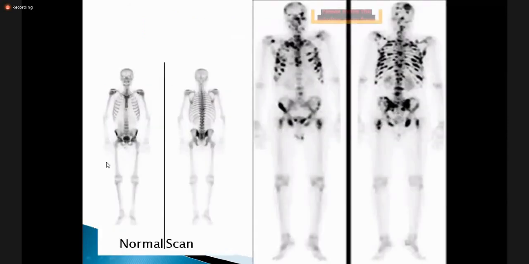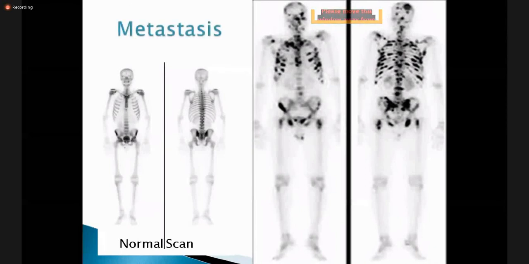This is the normal scan which we see, because it covers the whole body, and this is the metastasis. Multiple black dots, these are the metastases which pick up the agent or radiotracer which was given to the patient. These are the metastases, because multiple areas of the body are involved.